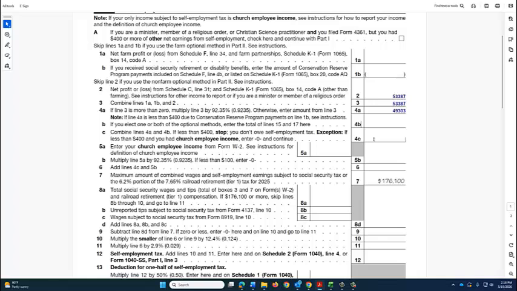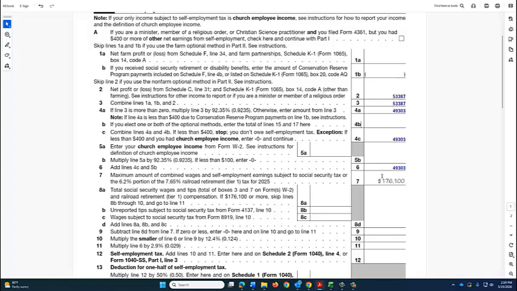We're going to combine 4A and B on C, bring down the 49,303. Okay, we don't have anything for 5A or 5B concerning church employment. So we'll just bring the 49,303 down to line 6.